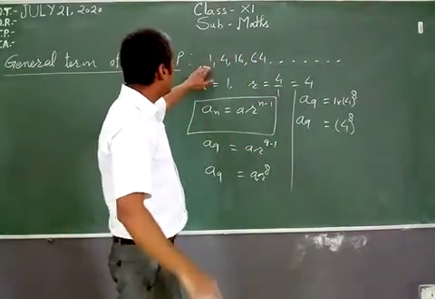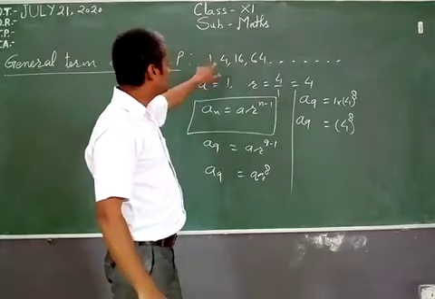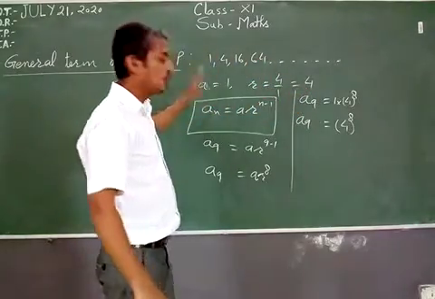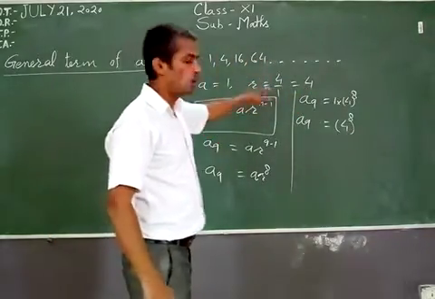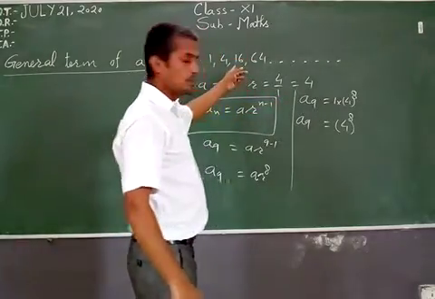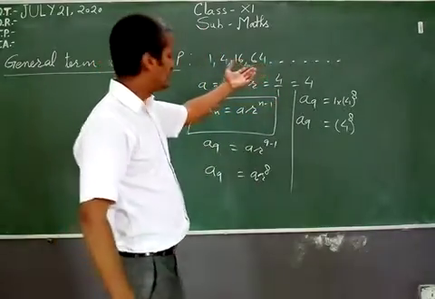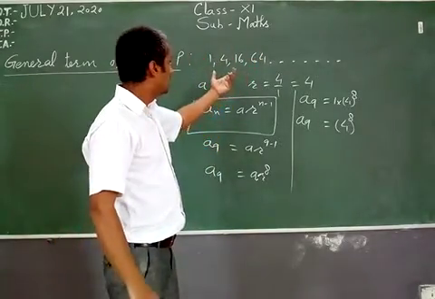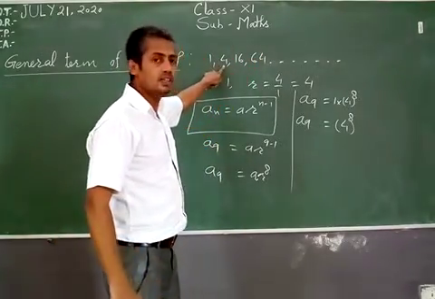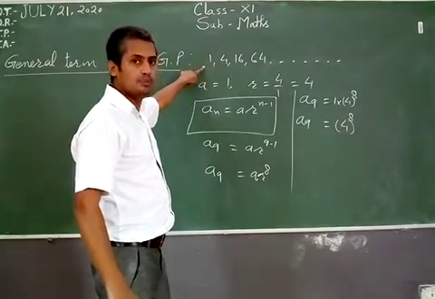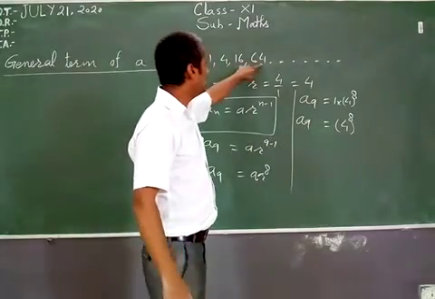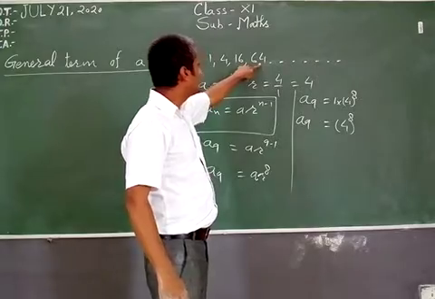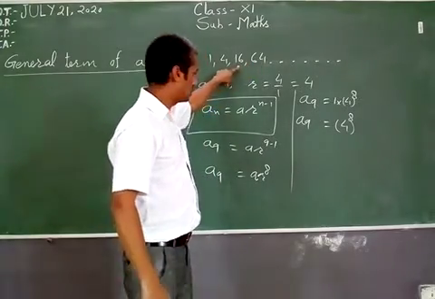Suppose that we have a GP whose terms are given. First of all, find the first term and common ratio. We can find the common ratio by dividing a next term by its preceding term. Suppose the second term is 4, we divide by the preceding term 1. Similarly, we can divide the last term by its preceding term 16.